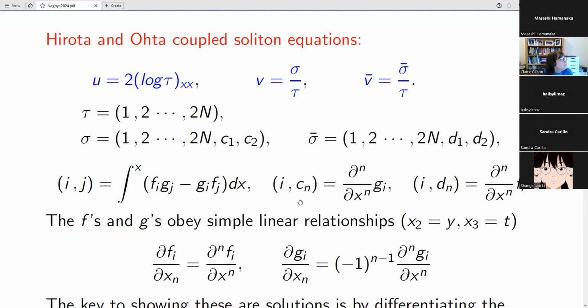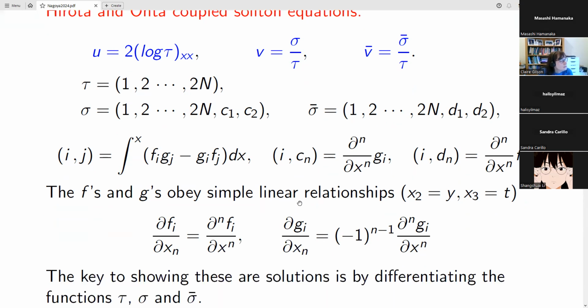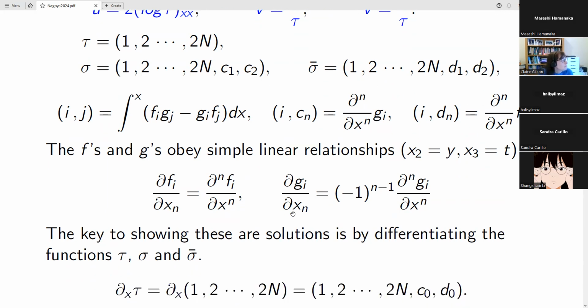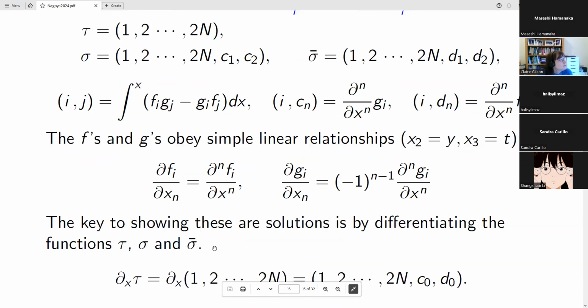Now, if we want to show that these are actually solutions, we differentiate the functions tau, sigma, and sigma bar. And what happens when you differentiate a Pfaffian, you end up with a Pfaffian with, oops, I don't quite know what people see at the other end, but this isn't fitting on my whole screen, so it's a little bit awkward.